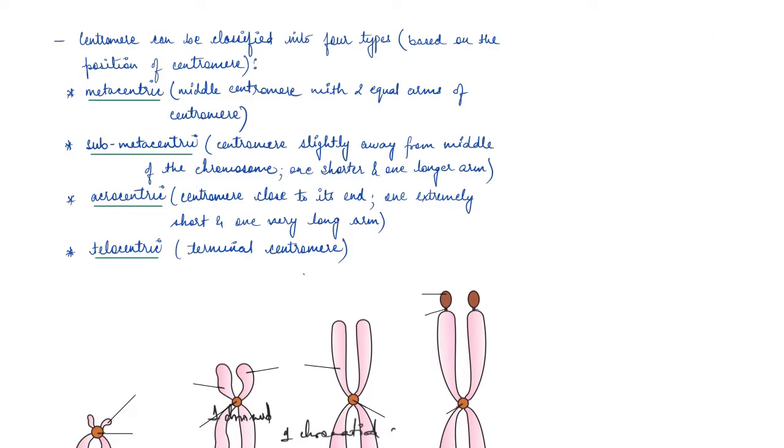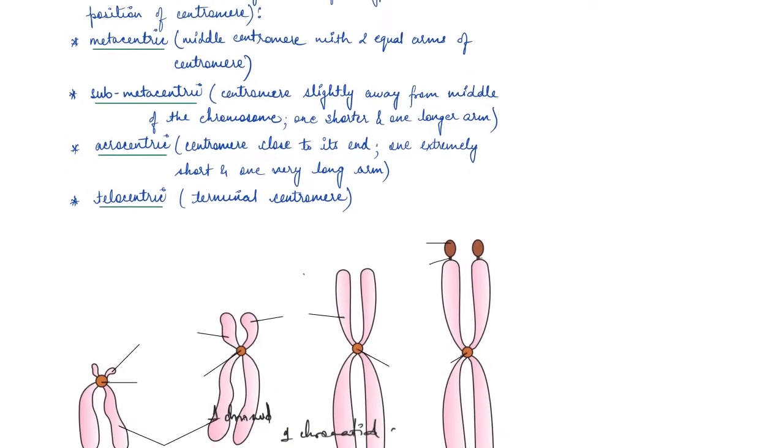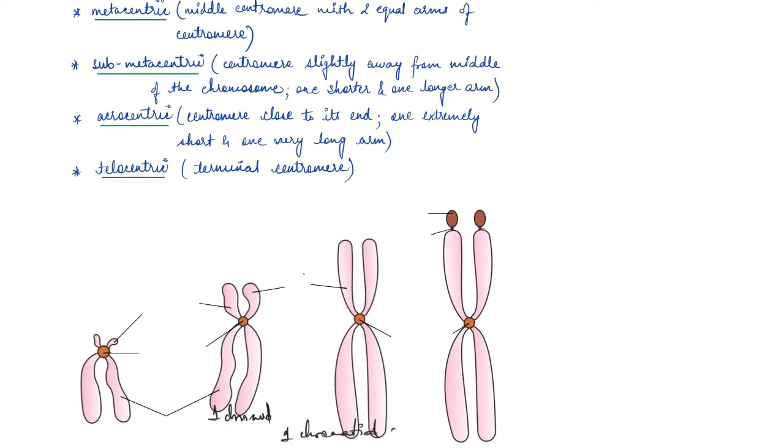The first one is metacentric. By metacentric, we mean that the chromosome has a middle centromere, which forms two equal arms of the chromosome. So metacentric is nothing but having two equal arms, right?